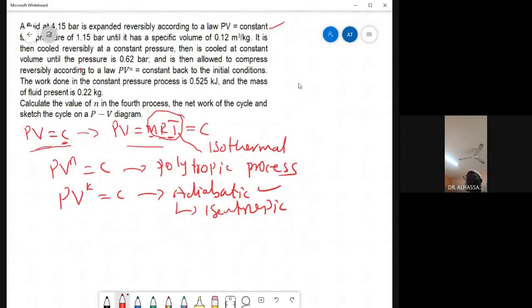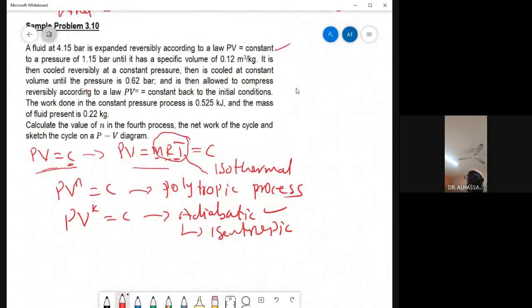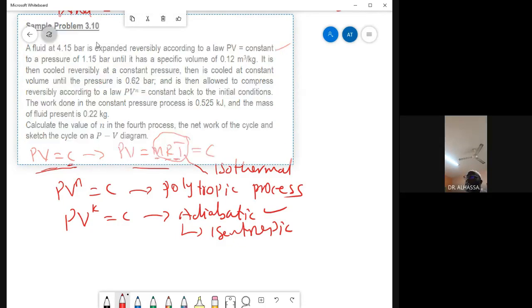So now, again we are told that the fluid expands reversibly according to the law PV equals a constant to a pressure of 1.1 bar. So there is expansion. And how do you represent an isothermal process on a PV diagram? Isothermal is normally represented by this curve.